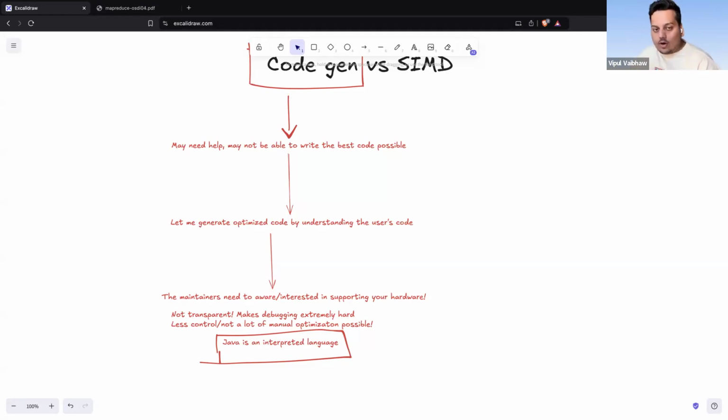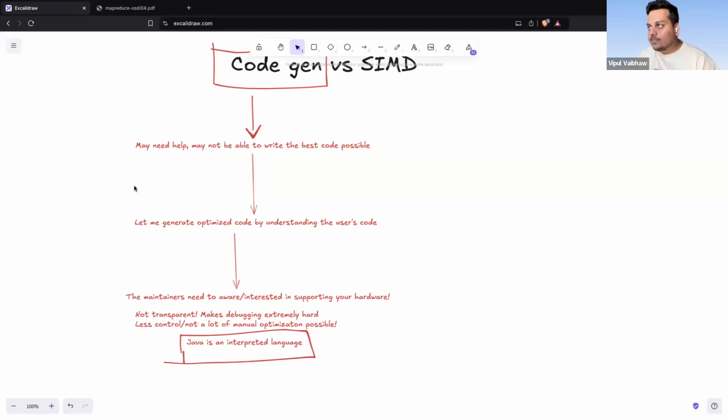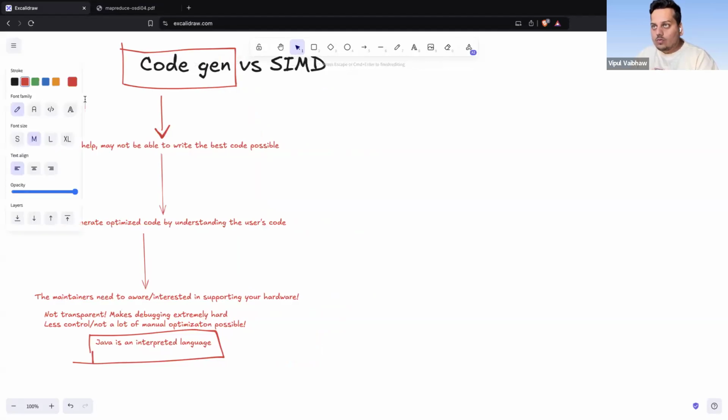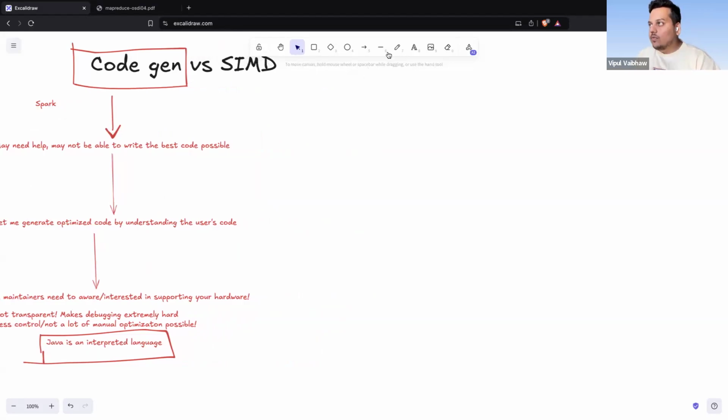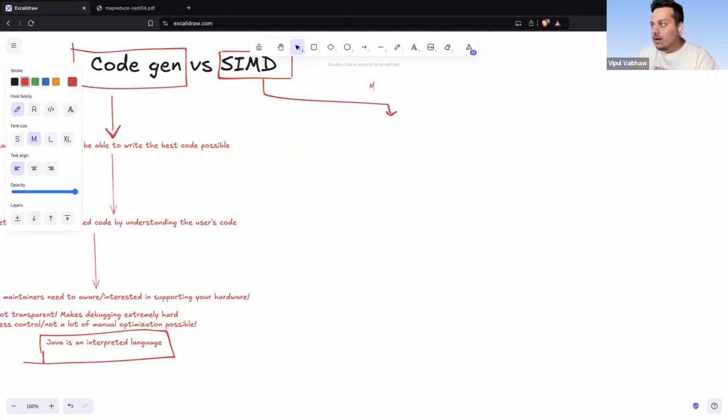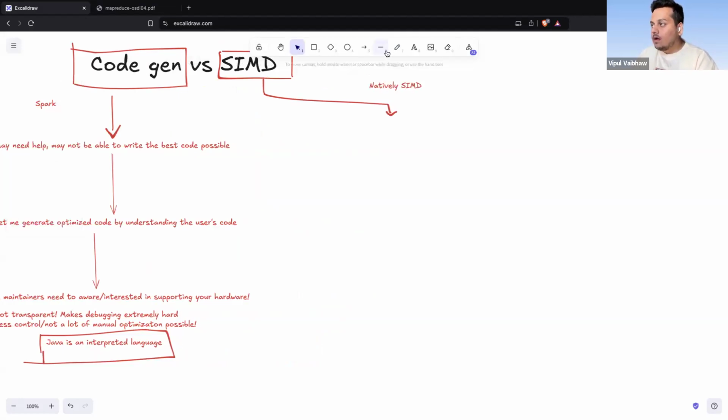All right. So we have got the code gen approach. Now I'll have more points in the end. Let me proceed a little bit, and I'll come back to this. This is how Spark worked. So we have got another thread which says that, hey, hardware today is natively SIMD.